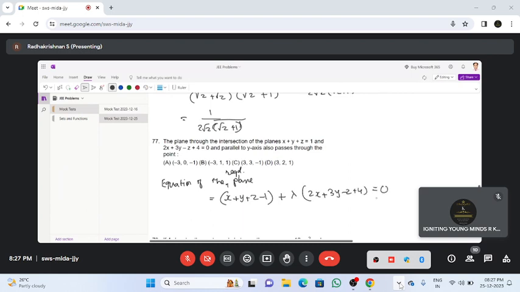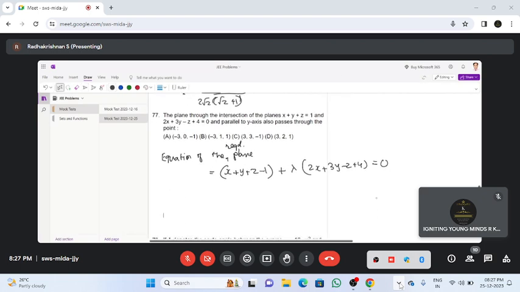So this is the equation of the required plane, the plane that passes through the intersection of these two planes.